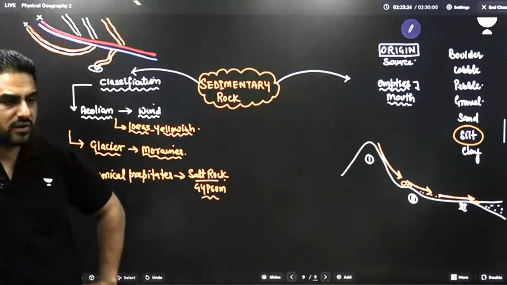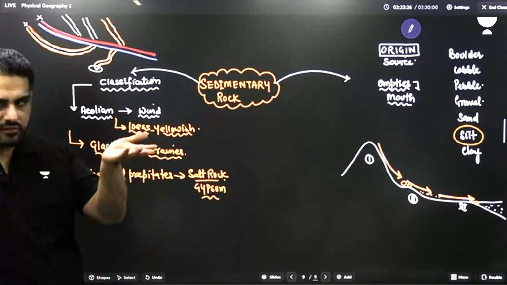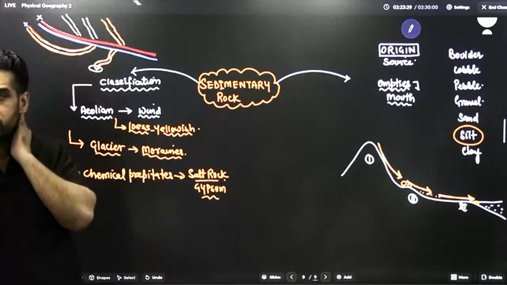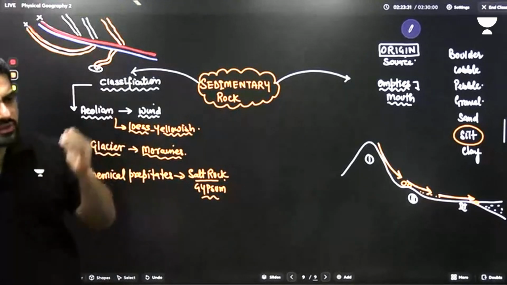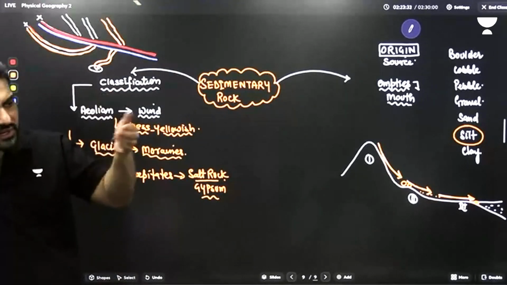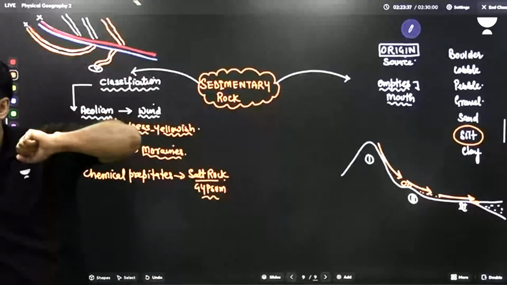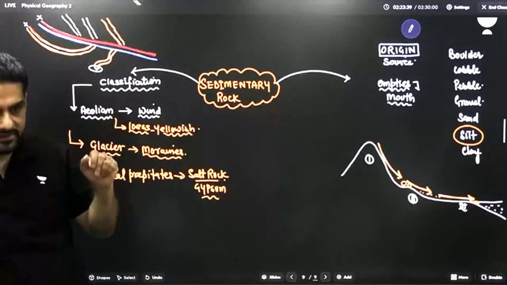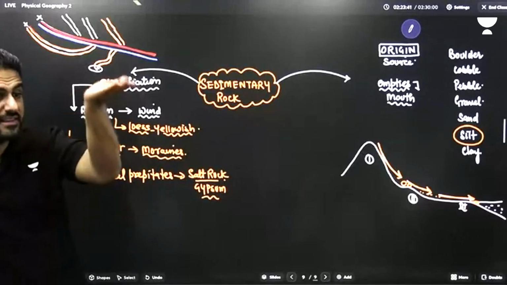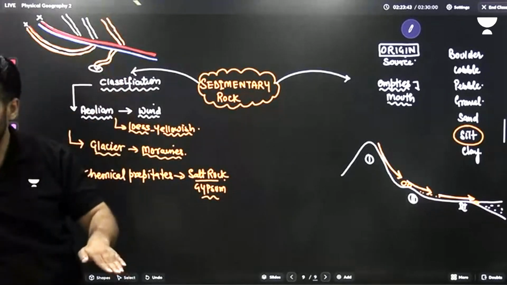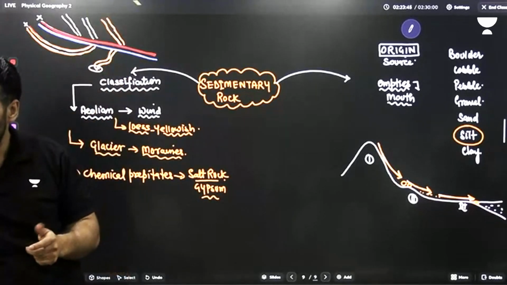In the process of evaporation, what will get evaporated? Water. Will salt evaporate? No, salt is a solid mineral. So over the period of time, whole water will get evaporated. What will be left out? Salt.